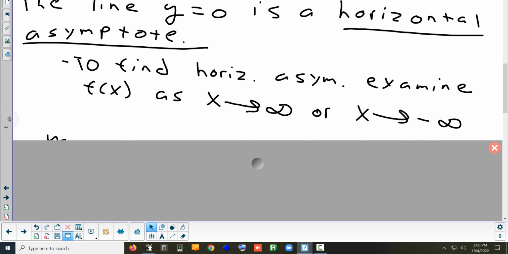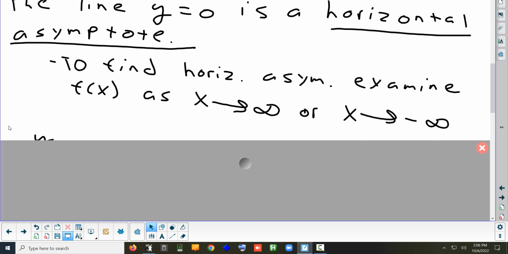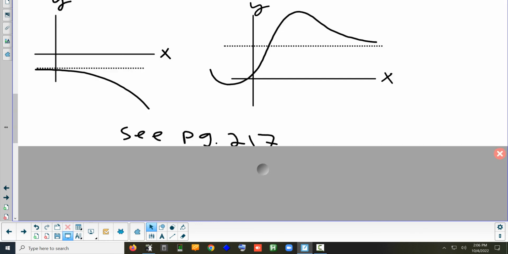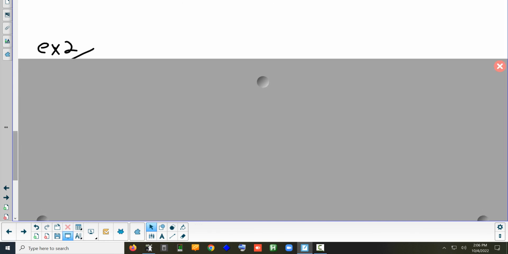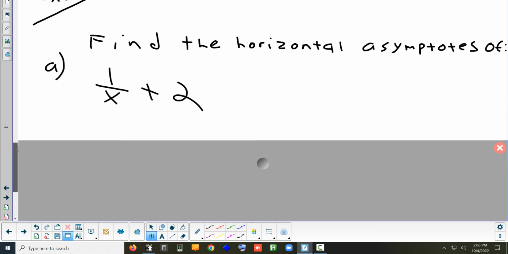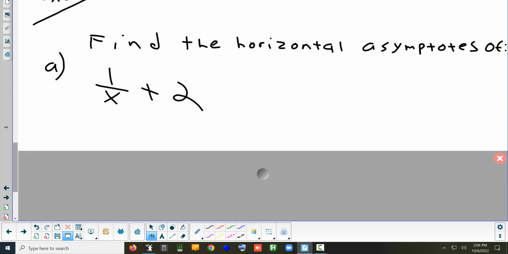All right, so let's look at this one. I want to find the horizontal asymptote. 1 divided by x plus 2.